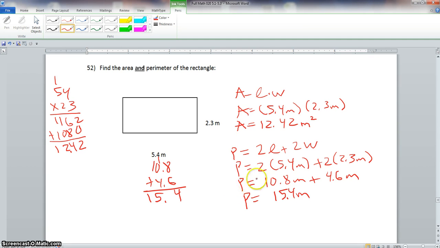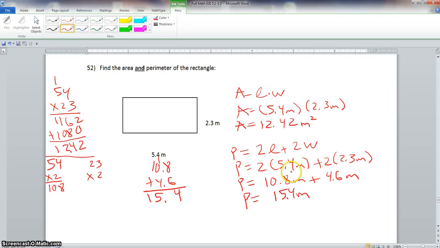Now, some of you may still need me to multiply the 2 times 5.4 and the 2 times 2.3. I'll go off to the side and multiply that just in case you need that representation. So what we could do is we could make that 54 times 2. And then we could drop the decimal from the 2.3 to 23 times 2. 2 times 4 is 8. 2 times 5 is 10.